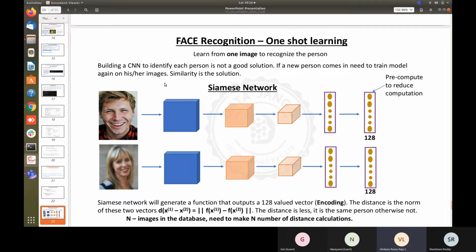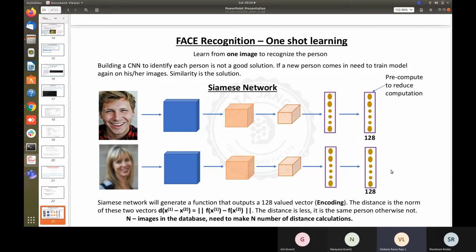And then we train a network called a one-shot learning network, and we'll reduce the dimensionality to 128. So for the four of us, we'll have 4 vectors in the database, 128-dimensional reduced dimensionality vector representations.